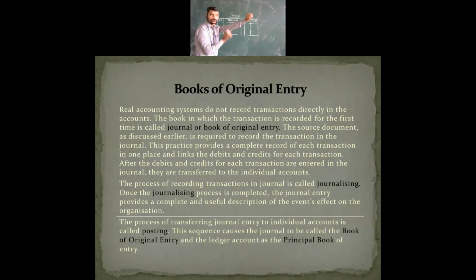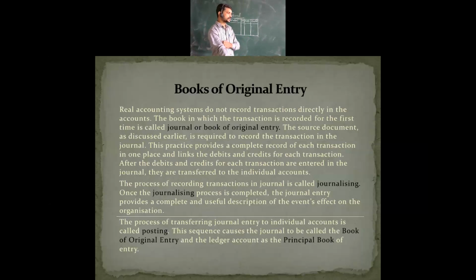In that we give the narration, saying what amount you have received, what expenditure you have made, whether it is paid or received. All the narration you will give here. You will understand by moving forward one by one; you will get the idea from the next slides.